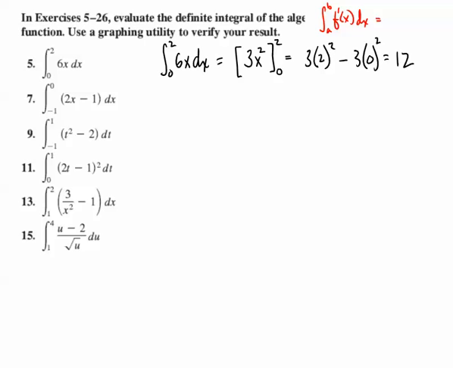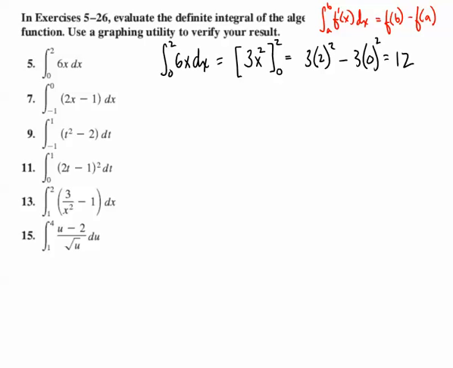If we think of it as a derivative, then the notation is a little bit easier to work with. So we want the antiderivative of f prime of x, which is just f of x, evaluated at b minus the antiderivative evaluated at a. And so that's how we find the area between a derivative curve, or a rate of change curve, and the x-axis between two x values. All right, let's go on to the next one.